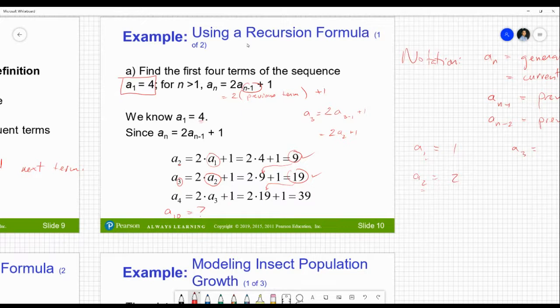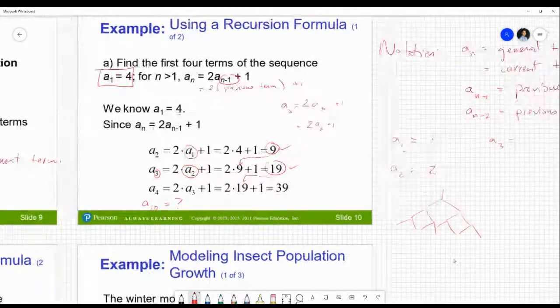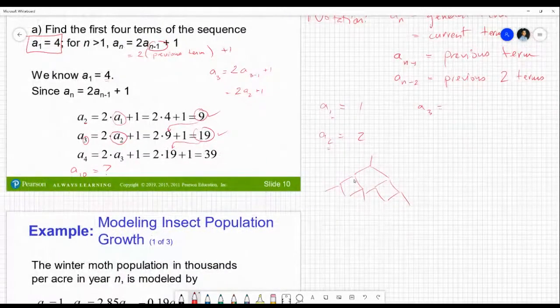We use this a lot in computer science in order to generate code, basically to go down something like a factor tree. We call this a decision tree. So this is a quick crash course of computer science if you're interested in that. A recursive formula basically allows us to follow the possibilities of every single branch.